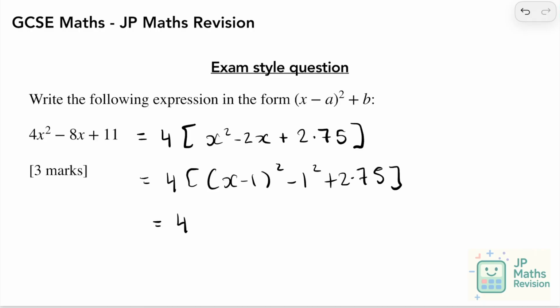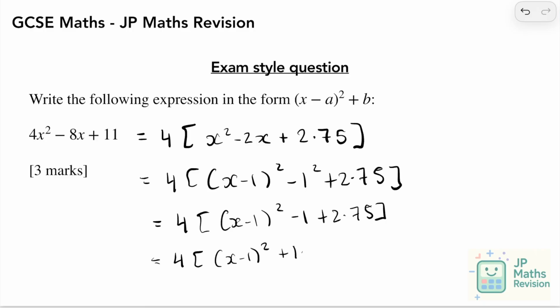So it's going to be 4 bracket x minus 1 squared minus 1 plus 2.75. So it's going to be 4 bracket x minus 1 squared plus 1.75. So timesing everything out by 4, we get 4 bracket x minus 1 squared, and then 1.75 times 4 is 7. So that is the answer to that question.